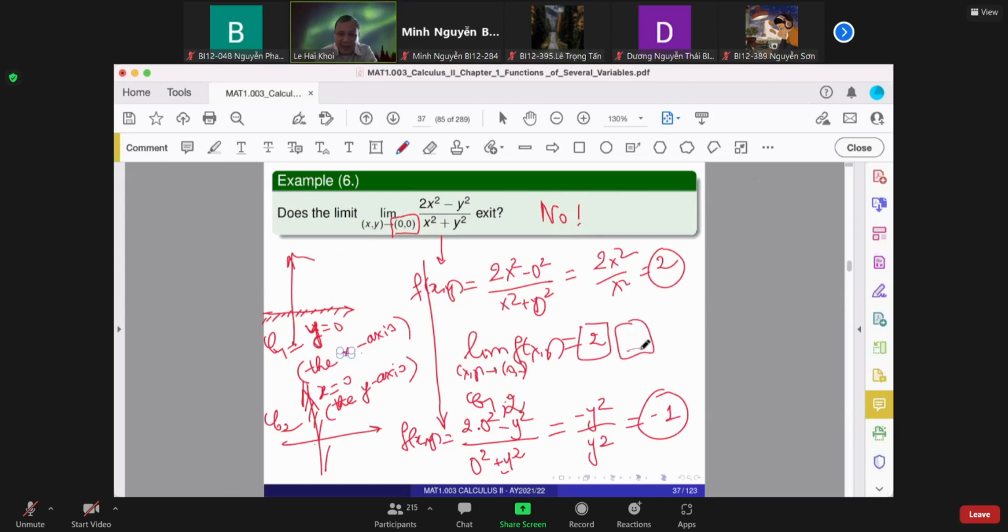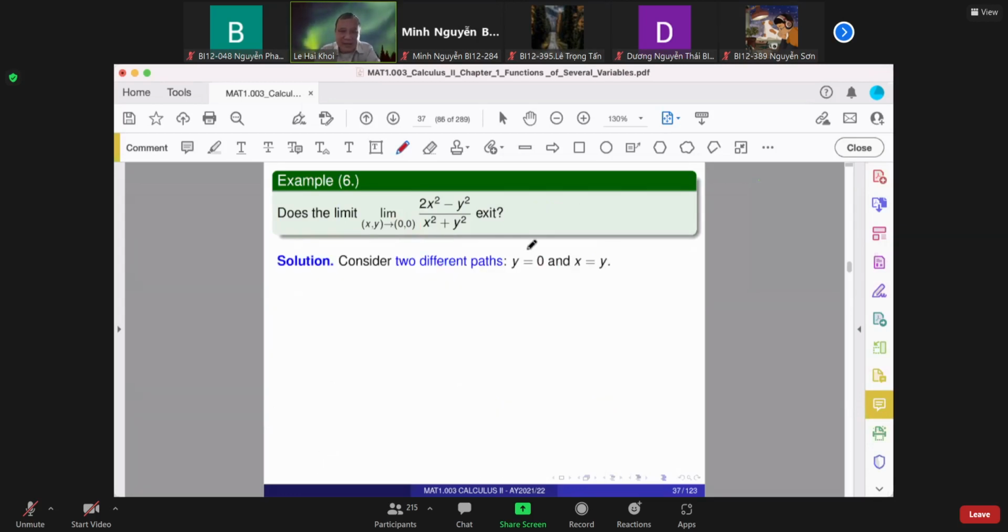And I get negative 1. They are different. That is, there are two different paths passing through the origin along which the limits of the function f(x, y) are different. Then you have non-existence. But the question is, why in the solution did I consider the x-axis and a bisector?